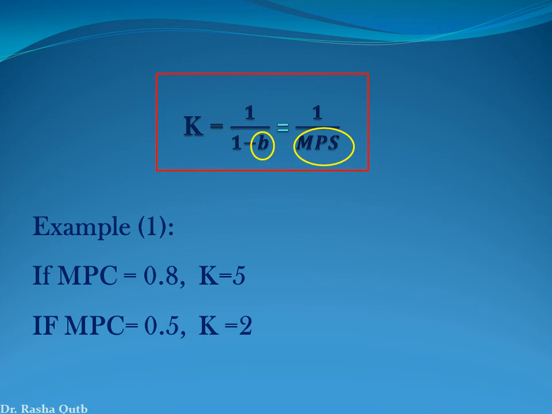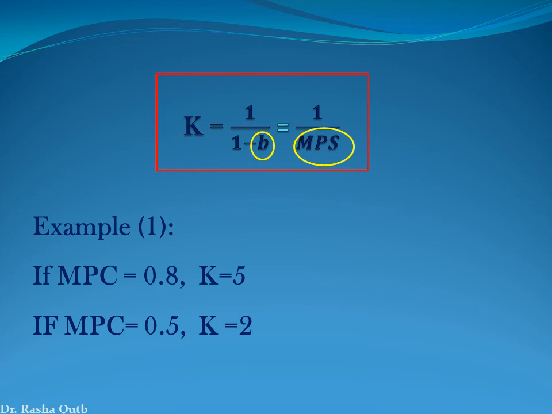Another case, consider that MPC equals 0.5. When we calculate the value of the multiplier, we find it equals 2. What is the difference between the two cases? Why is the value of the multiplier in the first case greater than in the second case?